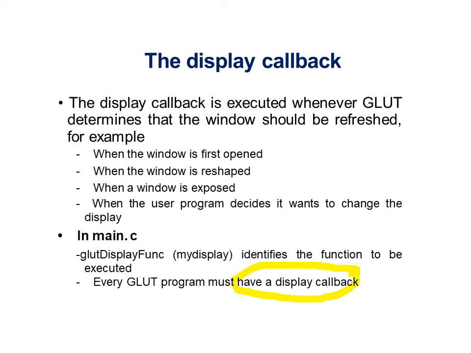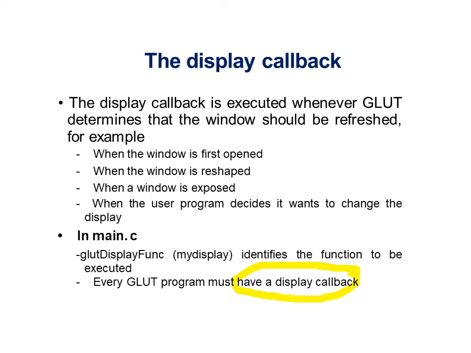The display callback is another event. It is executed whenever the window is refreshed. That means whenever the window is opened, whenever the window is reshaped, when a window is made a foreground or a background window, the main window or the sub window, or whenever the user decides that the display will be changing.